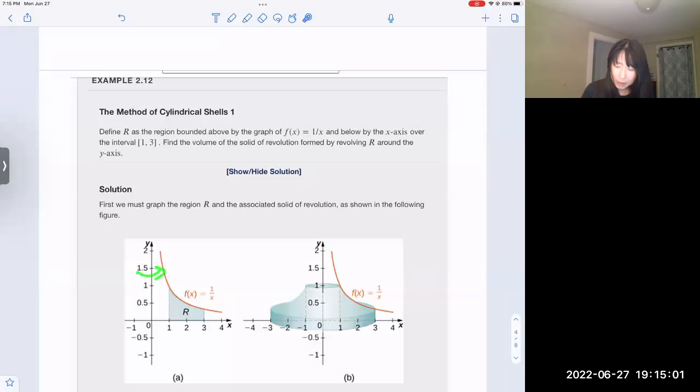So rotating around the y-axis, we create the thickness in the x interval, right?